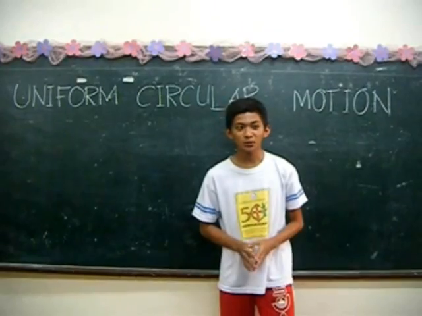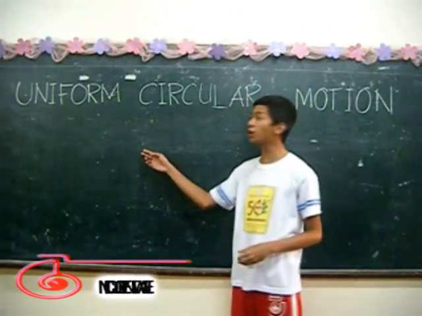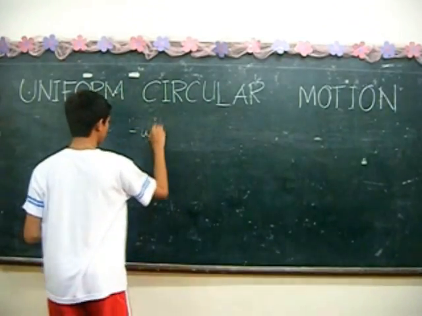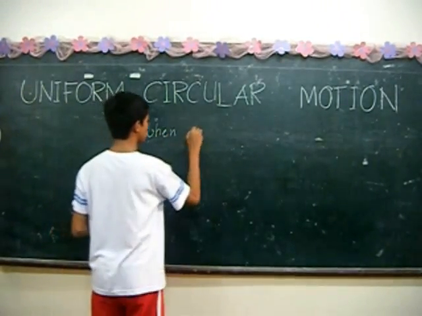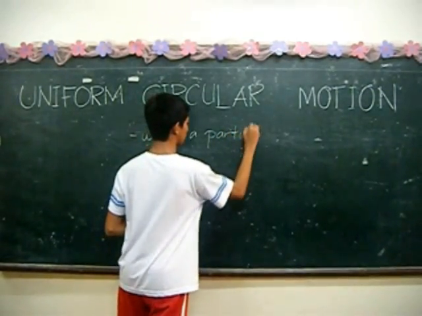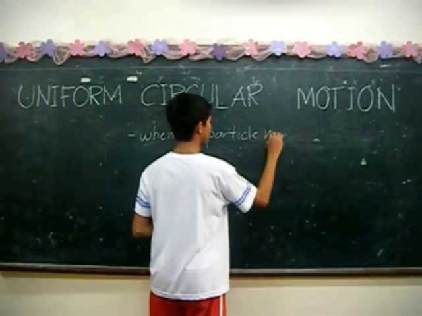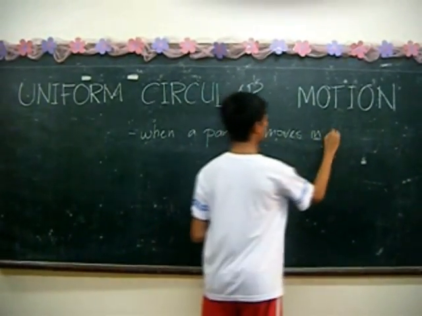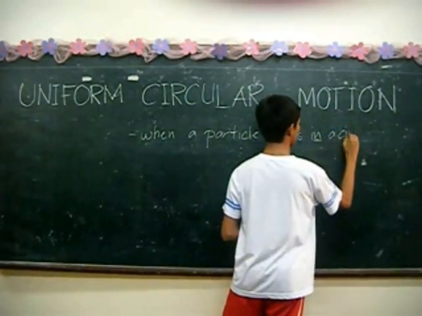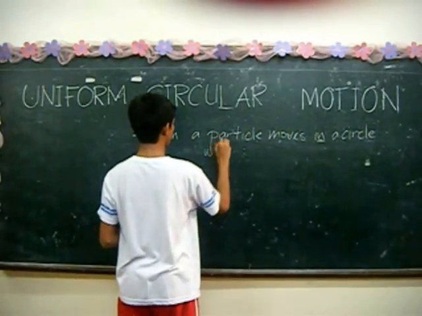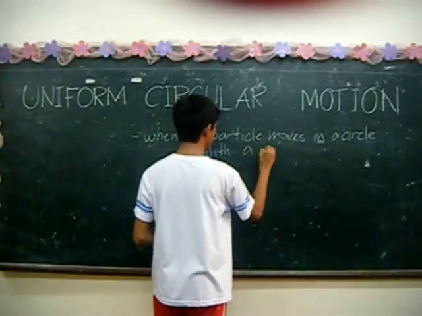Hi everyone! Today's topic is all about uniform circular motion. It is when a particle moves in a circle with a constant speed.